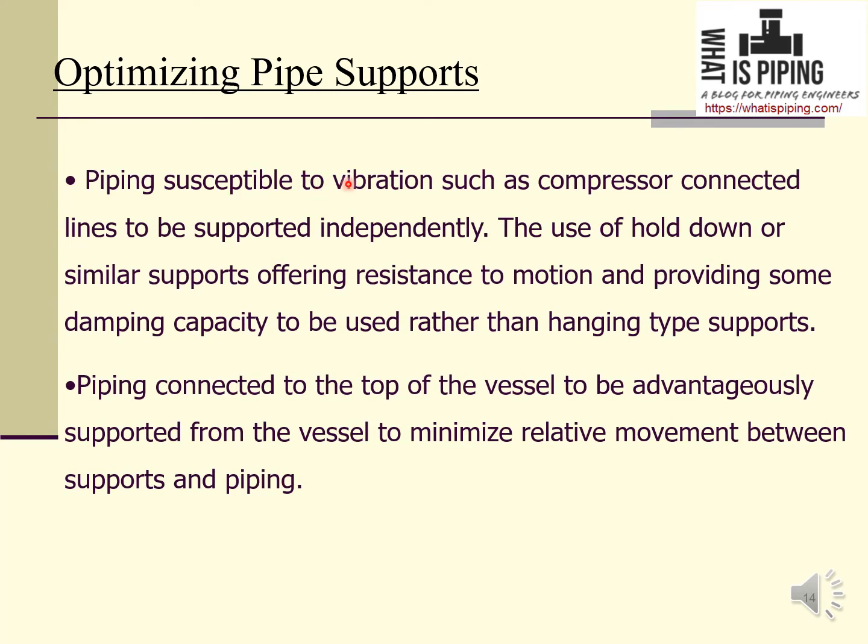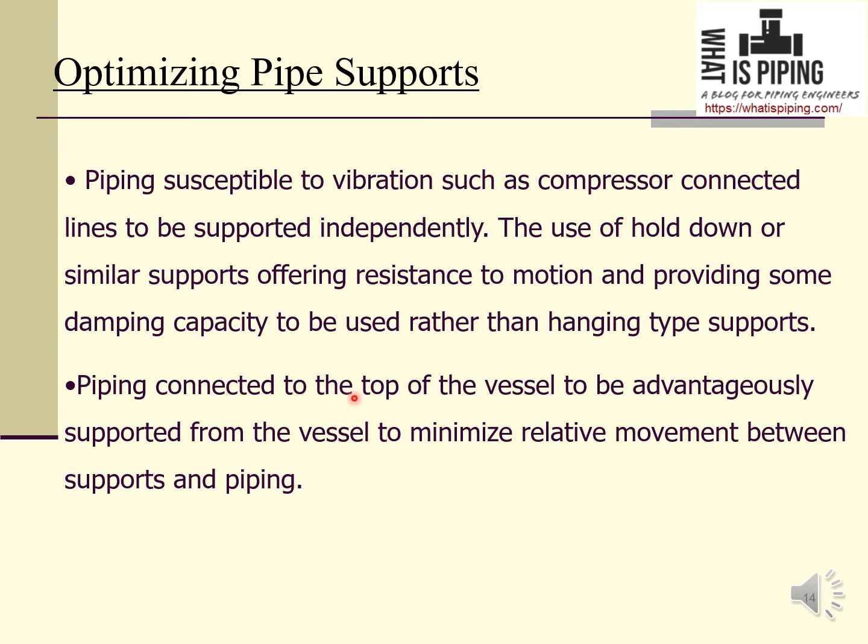Now piping susceptible to vibration such as compressor connected lines to be supported independently. The use of hold down or similar supports offering resistance to motion and providing some damping capacity to be used rather than hanging type supports, because these are vibration prone lines. So if the support is hanging type, then the vibration cannot be arrested and there will be chances of vibration.